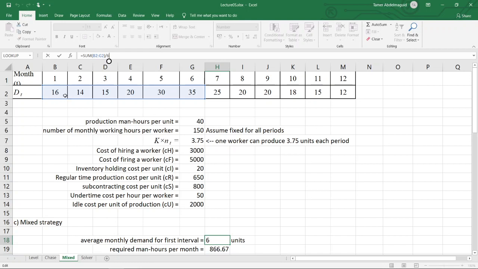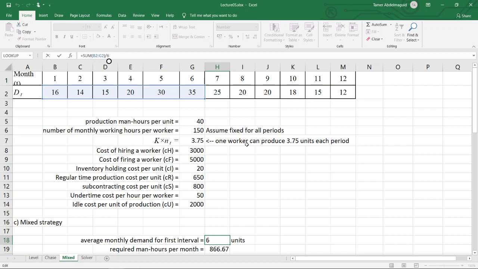The first 6 months will represent the first interval in which I wish to maintain a fixed number of workers, a fixed level of production, and the remaining 6 periods will form the next interval in which I would wish to maintain a fixed number of workers or fixed level of production.